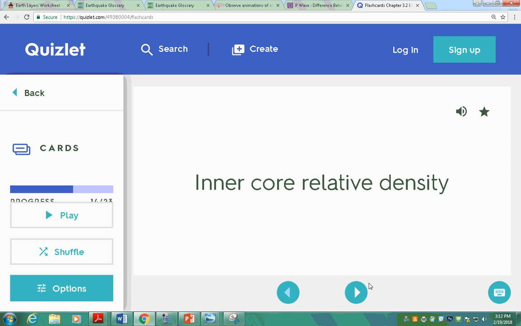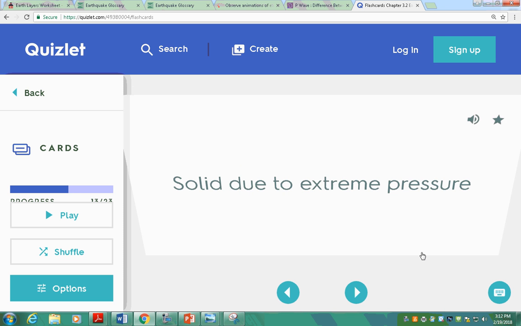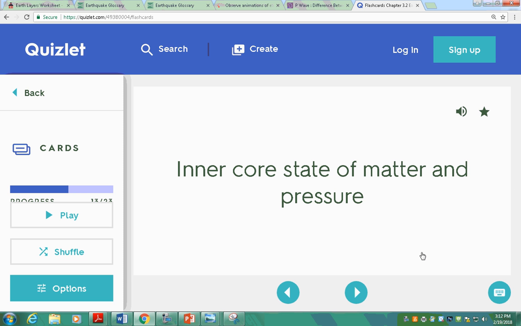The inner core is the most dense portion of Earth. So that means that as you're traveling towards the interior of the Earth, that density is increasing. And then that would also be the pressure that is increasing as well.